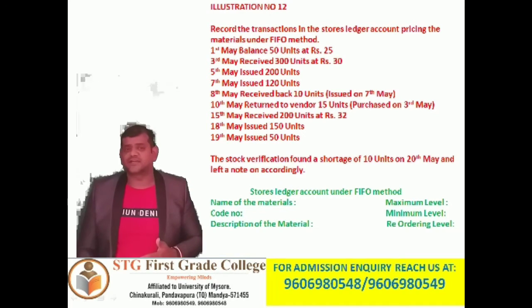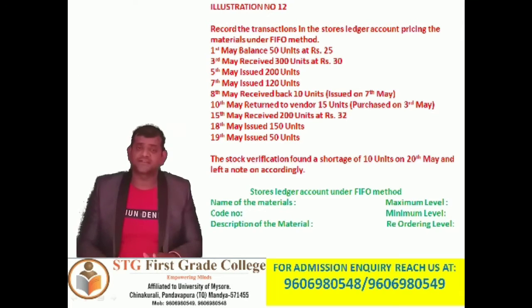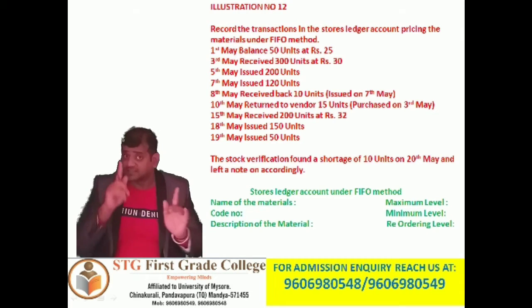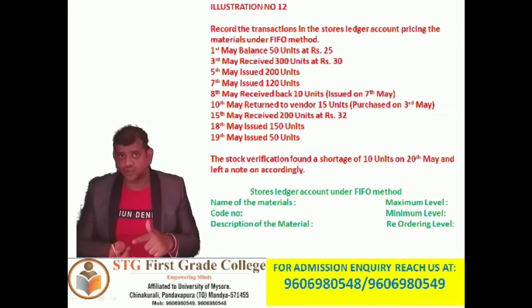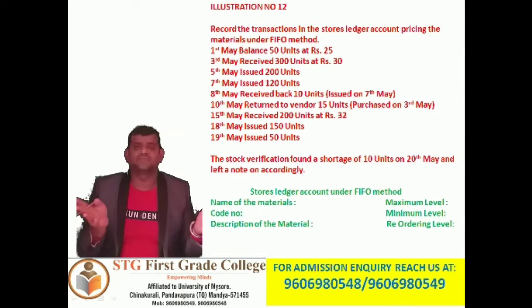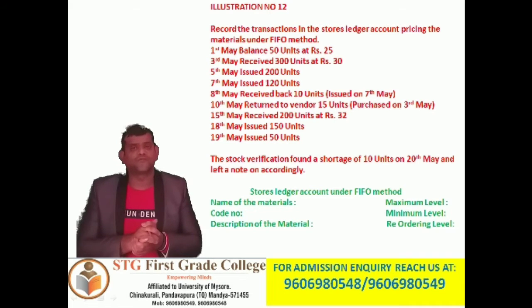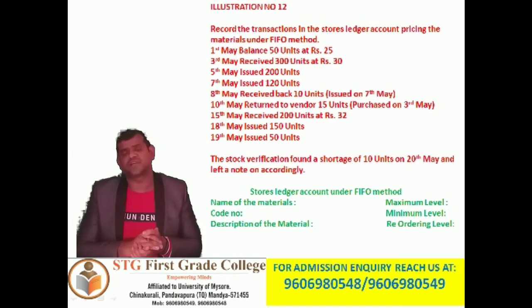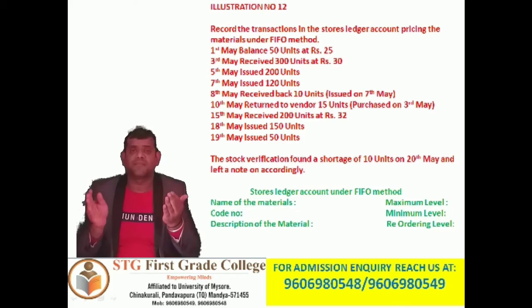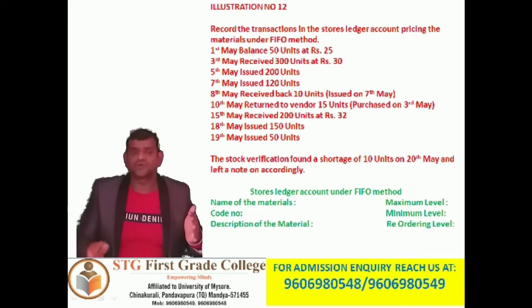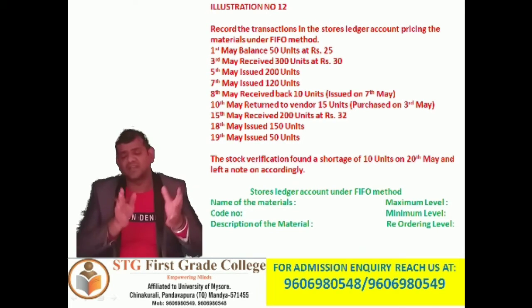10th May, return to vendor 15 units purchased on 3rd May. So, return to vendors means a vendor who supplies the materials to the stores. So, due to some reason, I have already said the reason might be overstock of the material, or the quality of the stock is not good, or the department might have suggested they don't want that material due to many reasons.